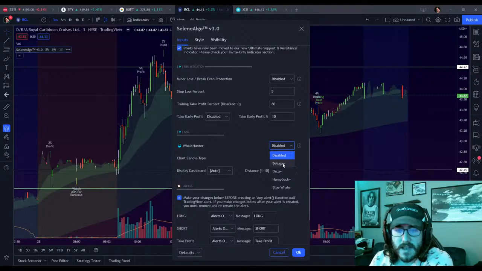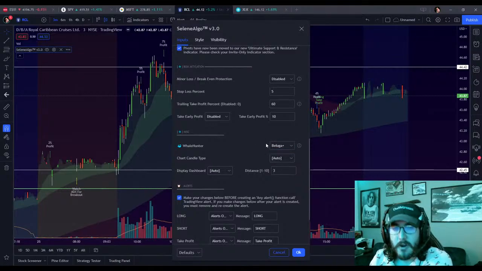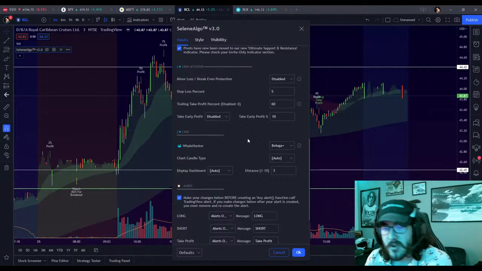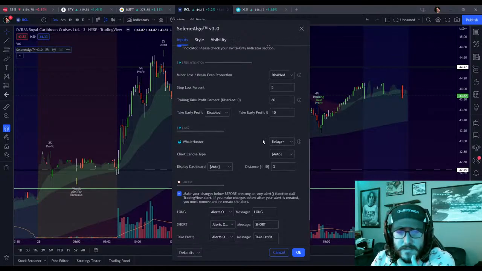So we can select beluga plus, which means anything beluga whale size or bigger, basically the smallest whale and above we'll be able to see. Now on our lower time frames, we're not going to be seeing many whale signals, hardly any, depending on what companies you're looking at, but it's something we'll see on higher time frames.